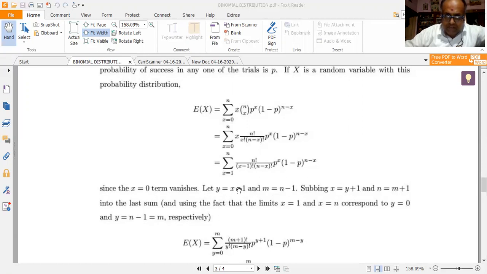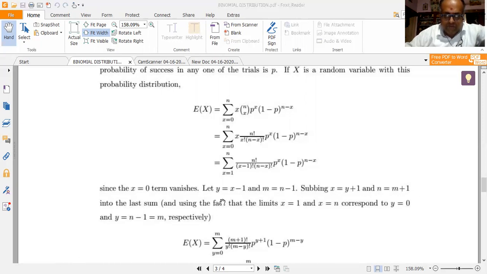I am substituting y is equal to x minus 1, and also another substitution, namely m is equal to n minus 1. You may ask, sir, I don't have m here, so what am I going to do? Put m is equal to n minus 1, solve for n. So n would be equal to m plus 1. So it is as if I am substituting y is equal to x minus 1 and n is equal to m plus 1.